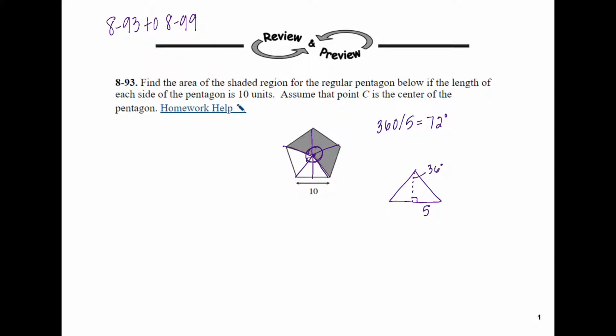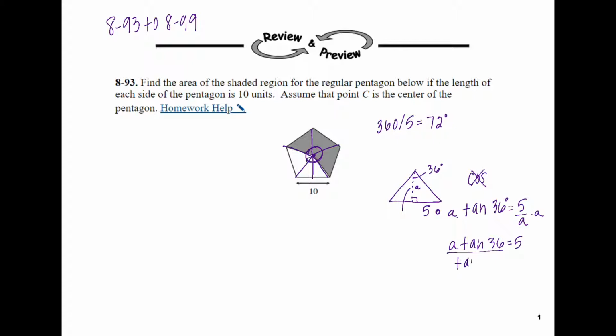I can find the height of my triangle using the side adjacent, which would be the cosine if I had my hypotenuse, but I don't have my hypotenuse, I have my base. So I need opposite and adjacent, which is the tangent of 36 degrees is equal to 5 over A. Using inverse operations, I have A times the tangent of 36 equals 5.